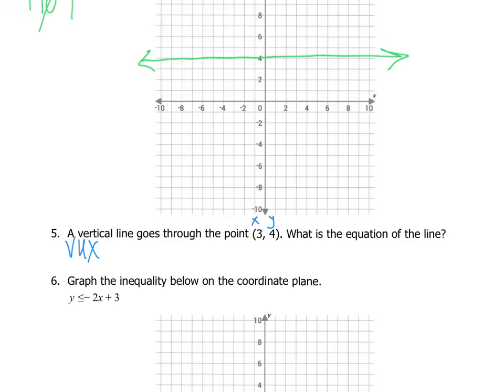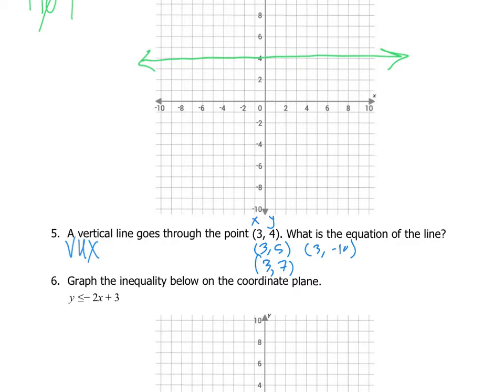So for example, all of our x values would be 3. So we could have like (3, 5), (3, 7), (3, -10). Okay, all of our x's are going to be 3.